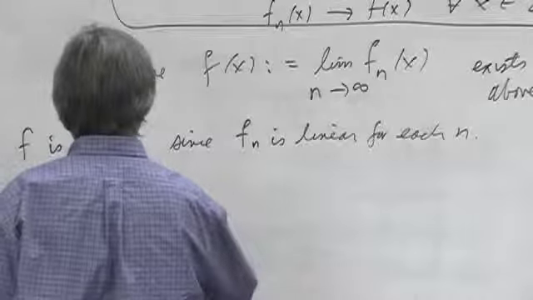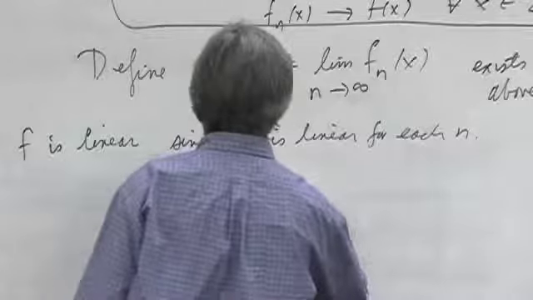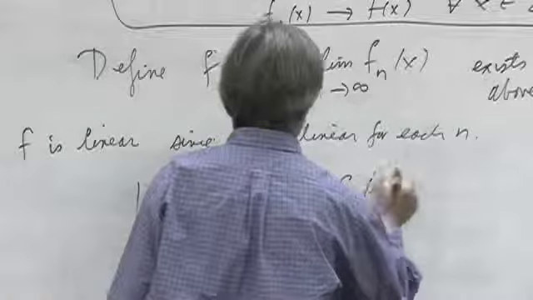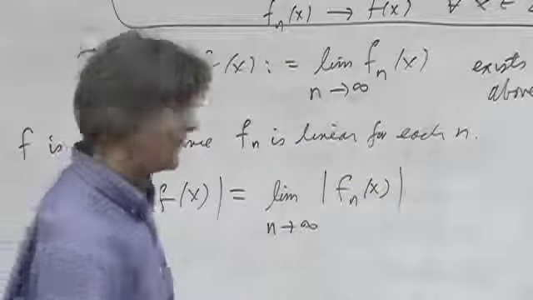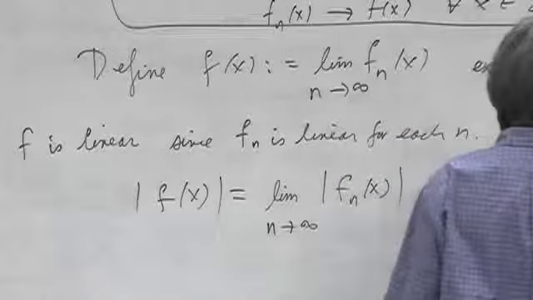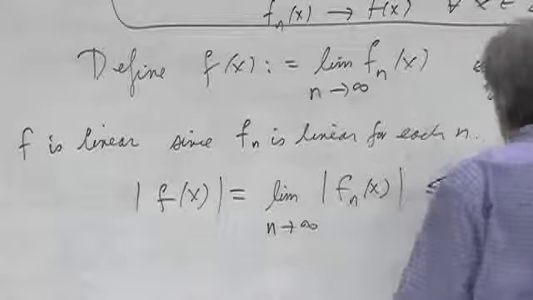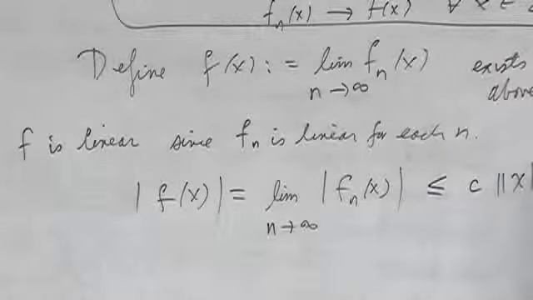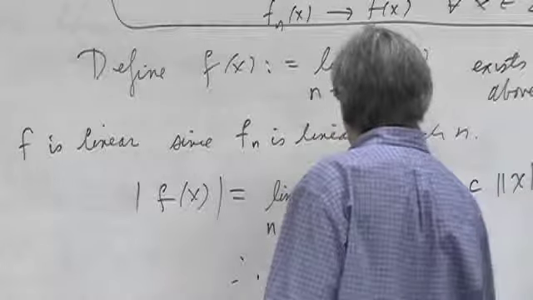Therefore, the absolute value of f of x is equal to the limit of the absolute value of Fn of x as n goes to infinity, which is less than or equal to c times the norm of x, because this quantity underneath the limit sign is less than or equal to c times the norm of x. Therefore, f is in X prime as required.